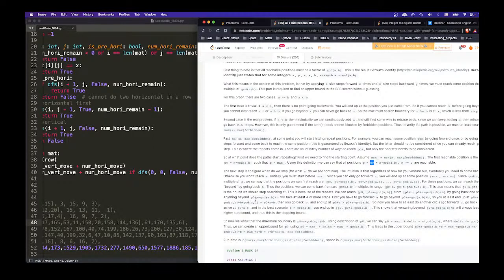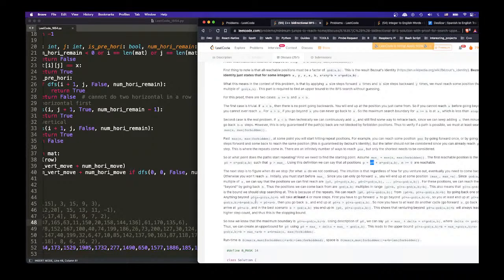Anything to my right might be retraceable, right? So we want to know beyond a certain point, all of these can be retraceable. Which means that should be the first one.